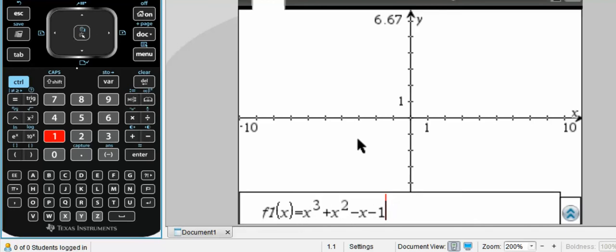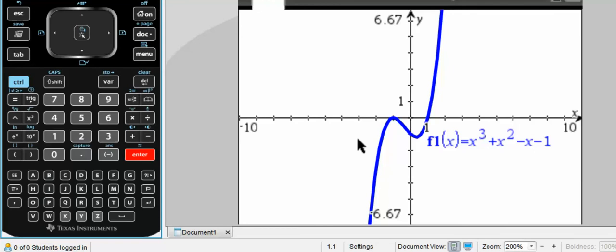When I press enter to graph this, we should see that the equation crosses the x-axis in only those two positions. And there we go. Here the x value is -1. Here the x value is +1. Those are the two zeros that we encountered in our calculation on the other page.